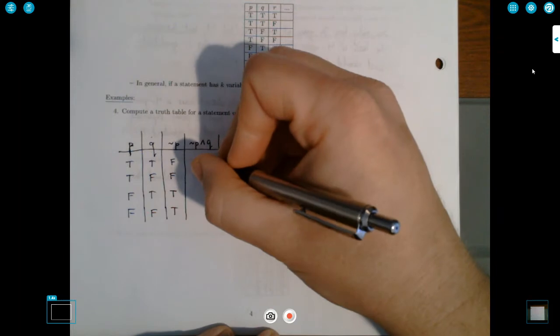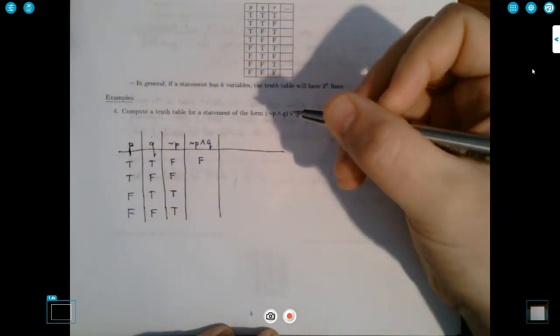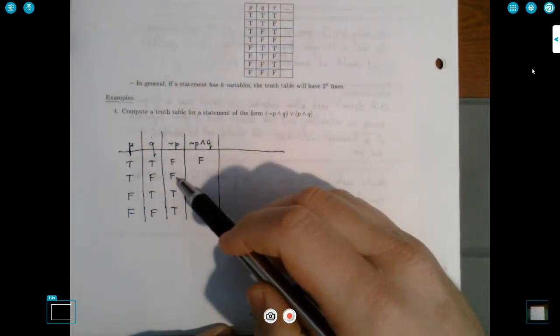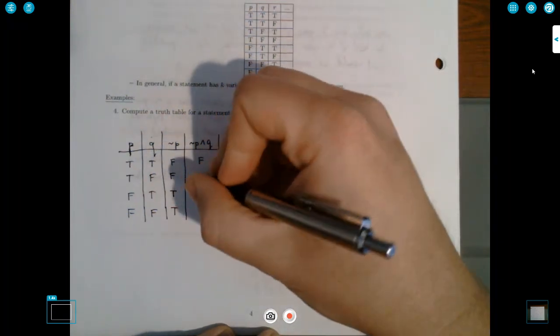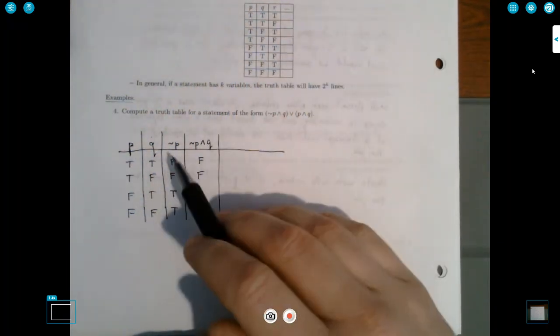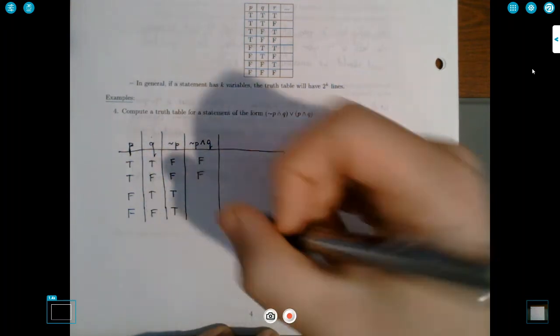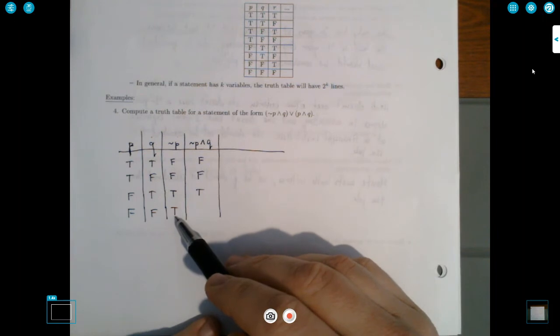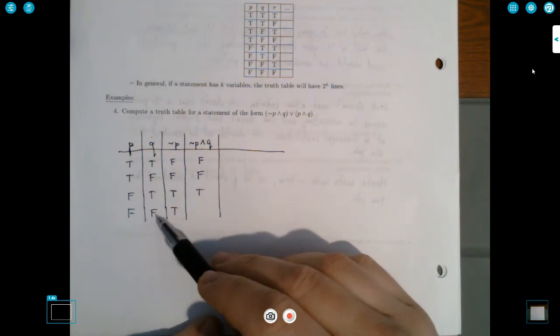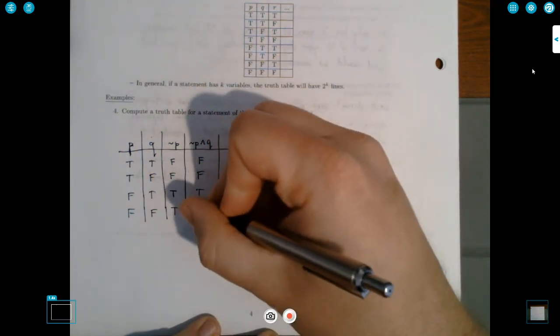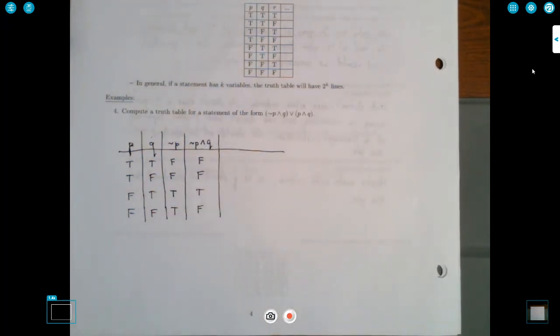That means not P and Q is false. Here, not P is false and Q is false. That means not P and Q is false. Here, not P is true, Q is true. So not P and Q is true. And here, not P is true, Q is false. So not P and Q is false. Okay?